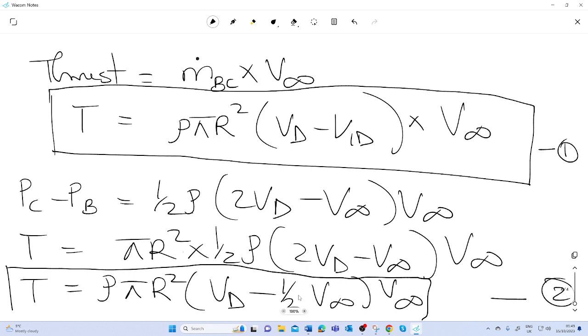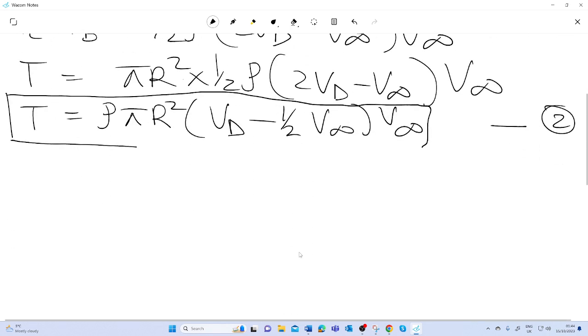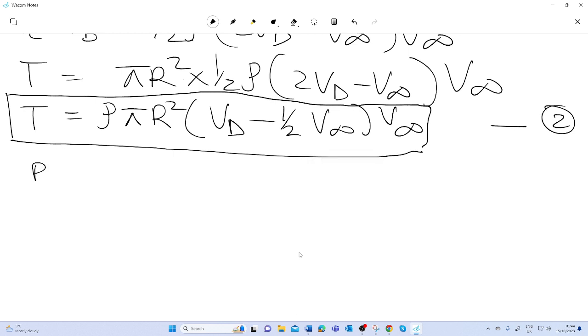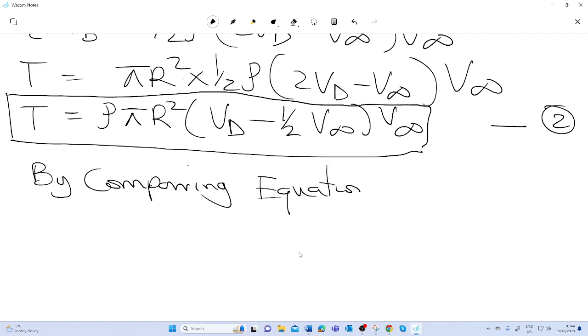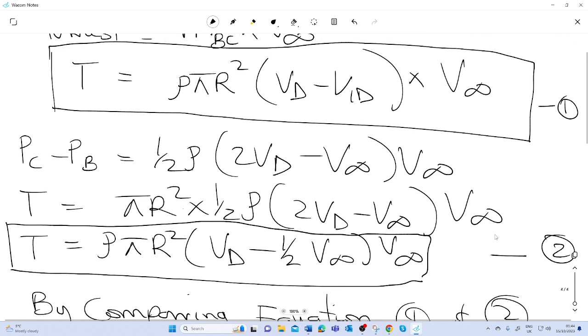Now, by comparing equation 1 and 2, you can see that V infinity cancels V infinity, and this cancels this, and this cancels this.